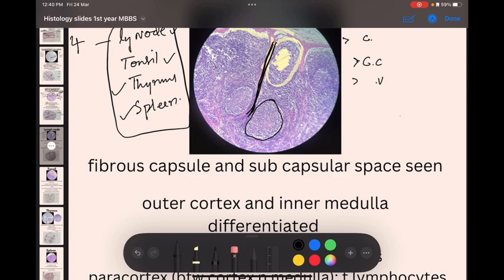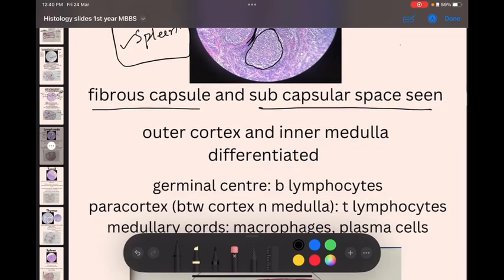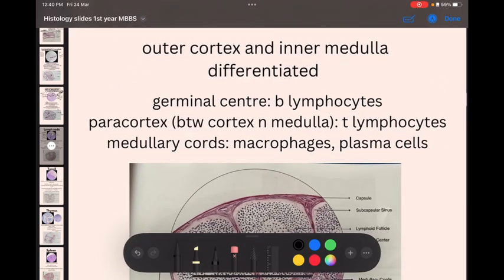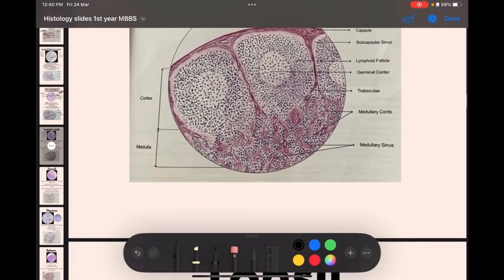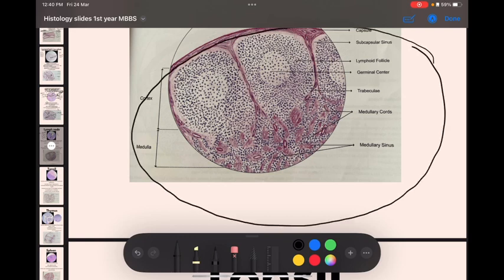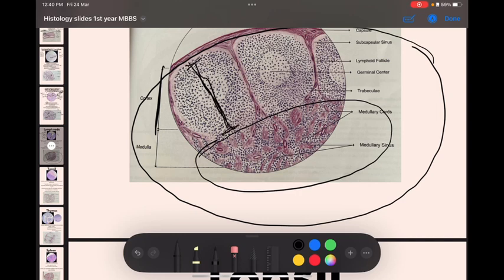So fibrous capsule and subcapsular space, as I told. Now imagine your lymph node as a circular ball. In the middle we have the medulla, and the outer part is the cortex.